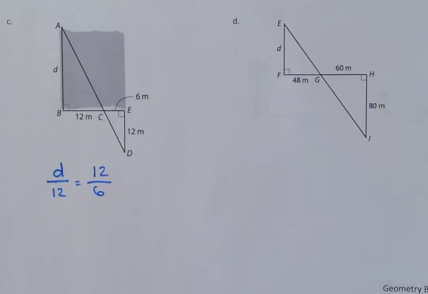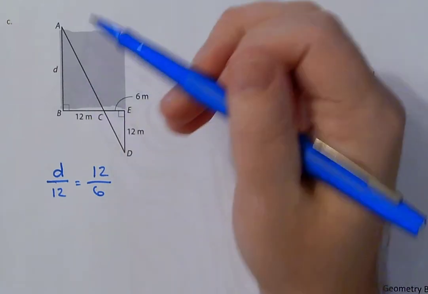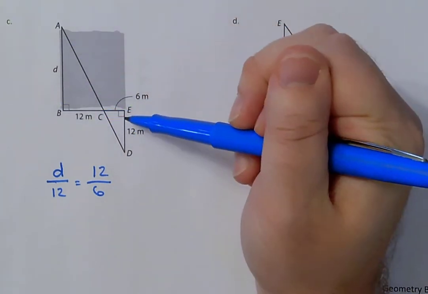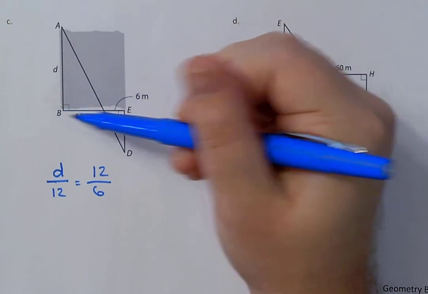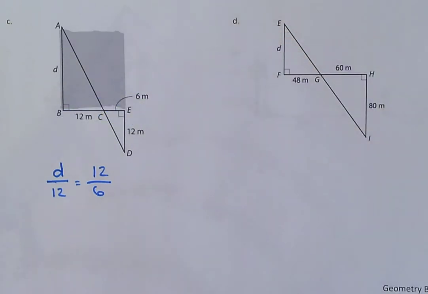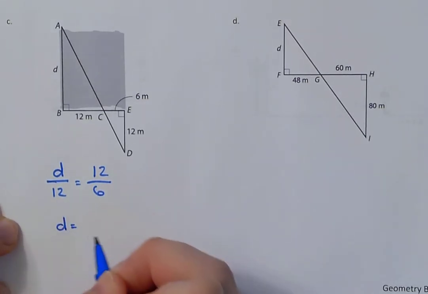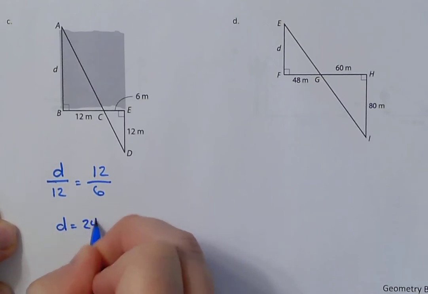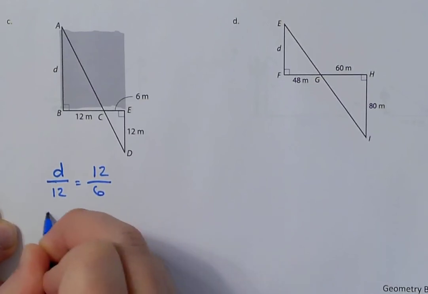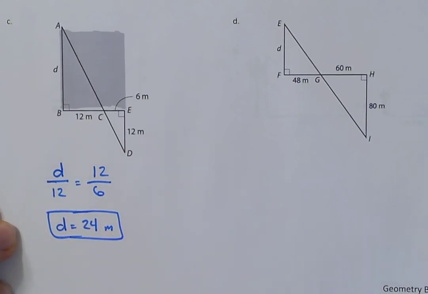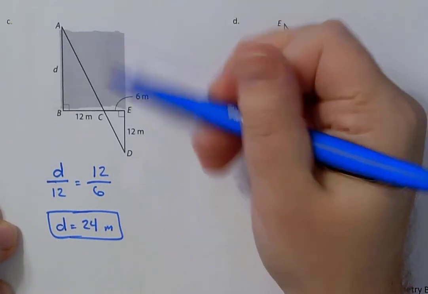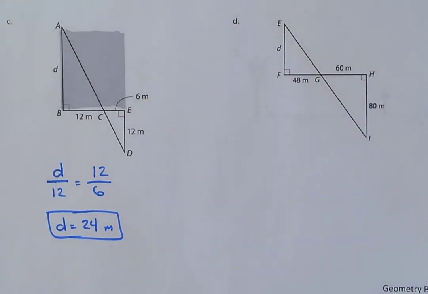I'm only setting these up to give you more reference and more problems to match it with. So we have d over 12 and 12 over 6, distance over length. If you cross multiply to solve this, you should end up with d equaling 24 meters. So the distance across, let's say, a canyon in this case, would be 24 meters.